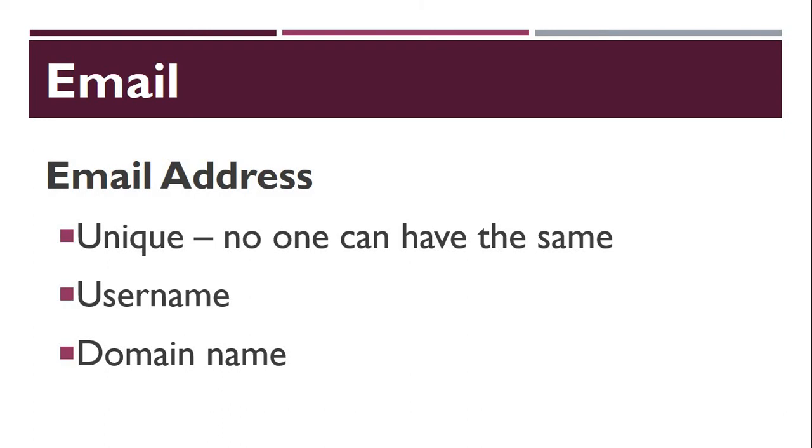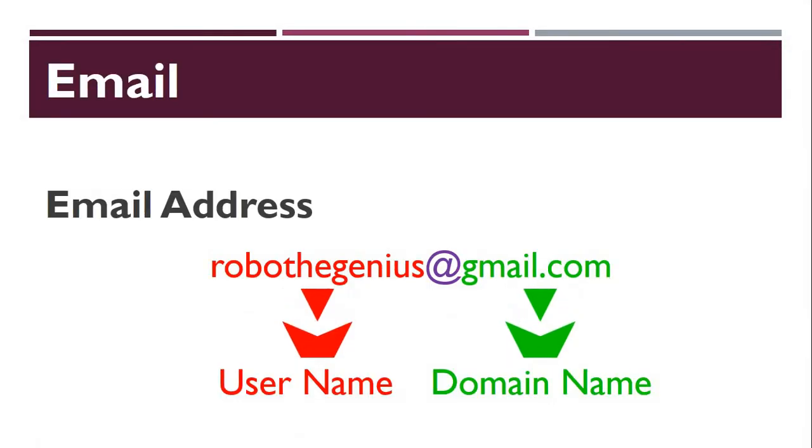As we already discussed, username is an identification of a person and the domain name is an identification of an IP address, the domain name of the server which provides the email facility. The username and the domain name are separated by the @ symbol. This is a sample email address. The part before the @ symbol is called username and the part after the @ symbol is called domain name.